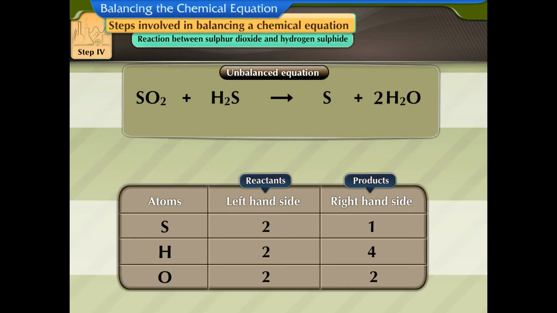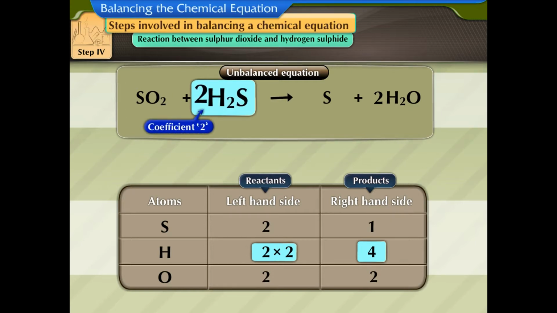Let us select hydrogen atoms first for balancing. Try and equalize the number of hydrogen atoms as we have done earlier using coefficients. There are 2 hydrogen atoms in the reactant side and 4 hydrogen atoms on the product side. The deficient side is therefore H2S.